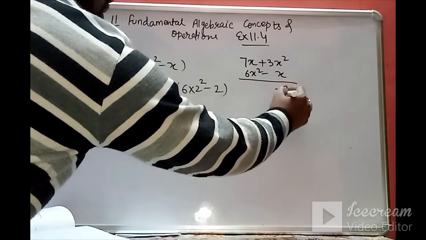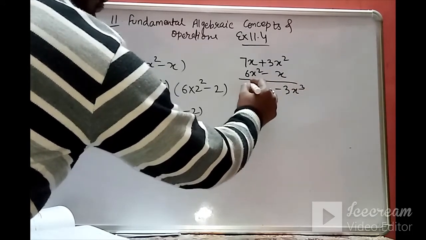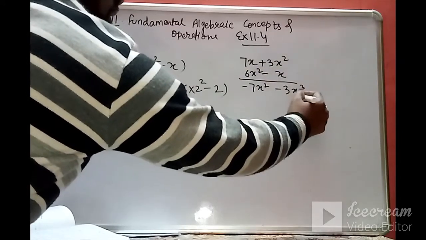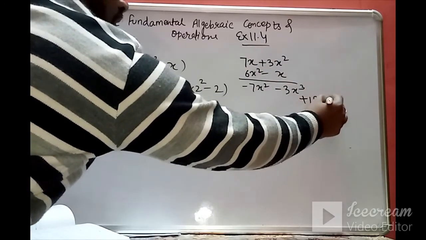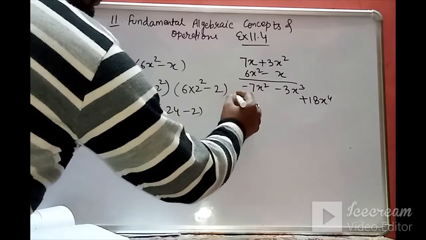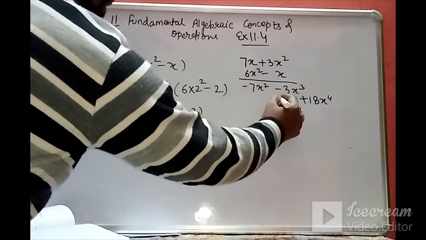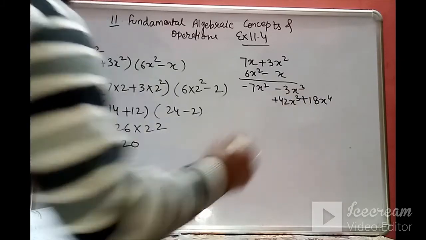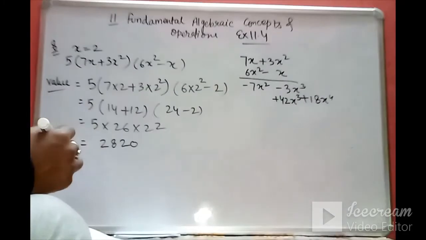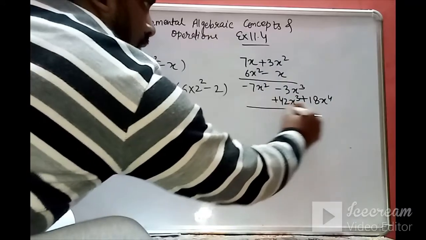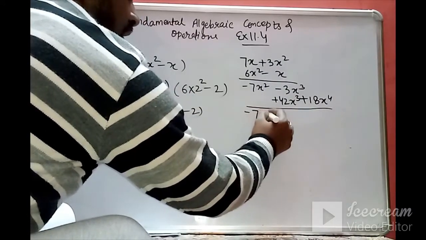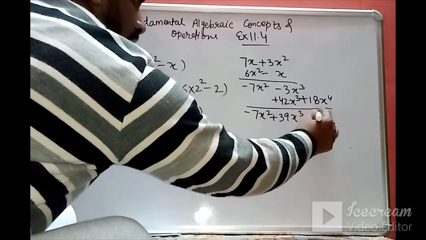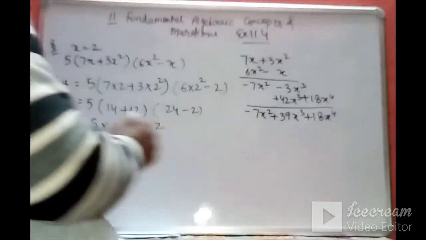So it is minus 7x square, minus 3x cube, 6 into 3, 18x to the power 4, 6 into 7 will be how much? 42x cube. Okay, so when we solve, we will get minus 7x square plus 39x cube plus 18x to the power 4.